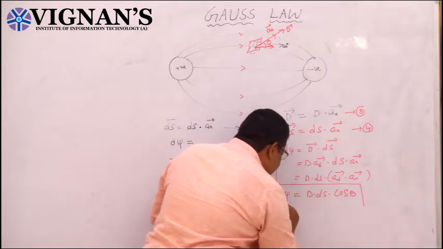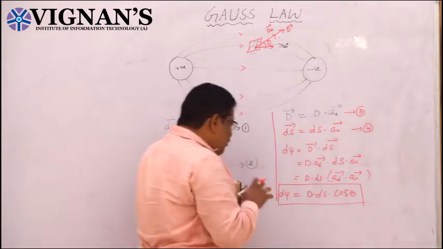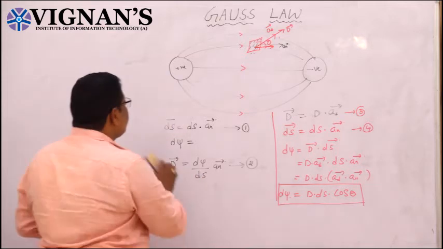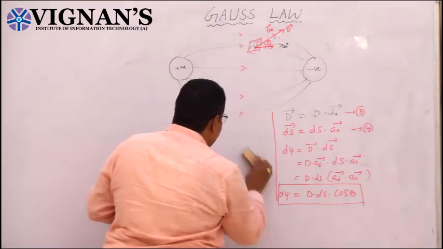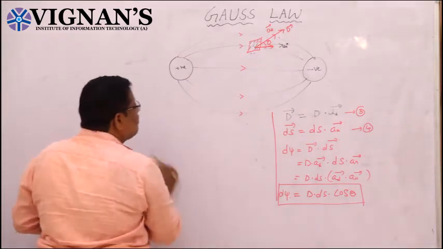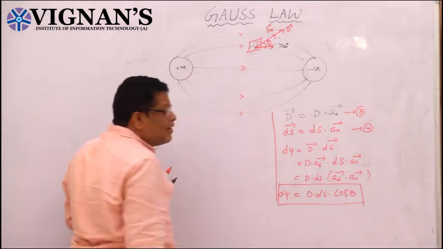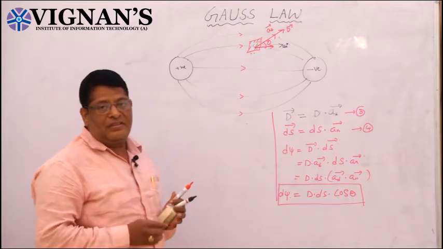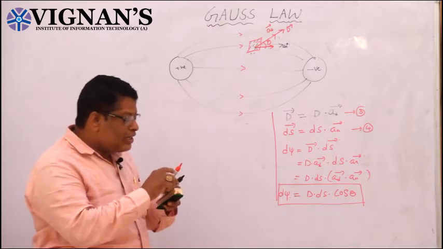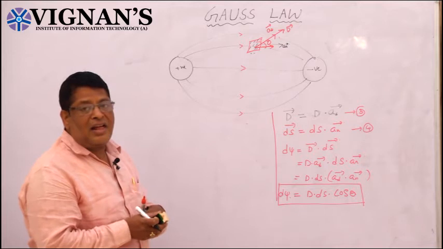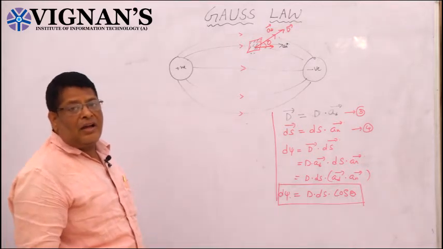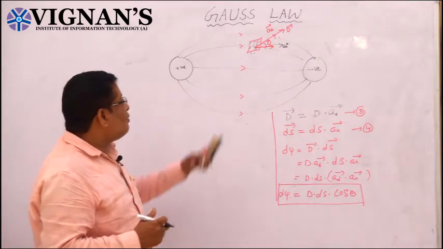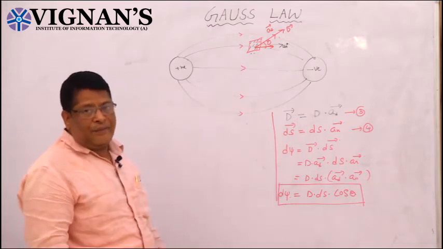Here d psi is nothing but the amount of flux leaving from the differential surface area when D maintains some angle with the surface. Theta is defined as the angle between the flux density vector and the differential surface area.